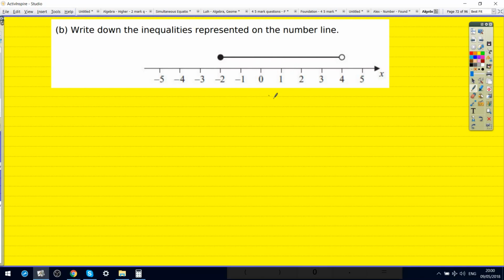Okay, what inequality is shown here? Minus 2 is greater than? It doesn't matter which way they point as long as they're pointing the same way as each other. Then 4. So you're going to have 4 in the middle.